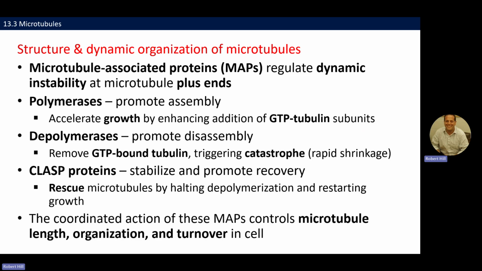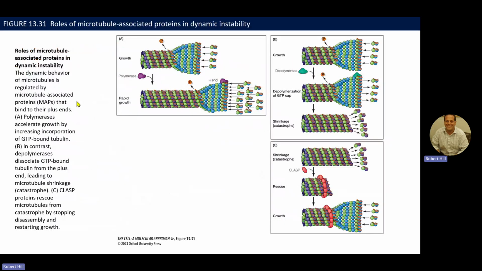But it's through a combined action of these MAPs that the cell can really tune the microtubule dynamics to match whatever physiological needs it has, right? Keeping the spindle stable during mitosis or allowing flexibility during migration, whatever is needed can be accomplished with these polymerases, depolymerases, and class proteins.